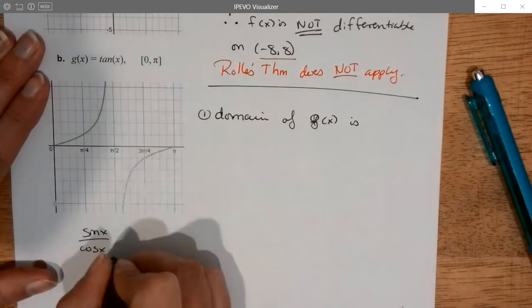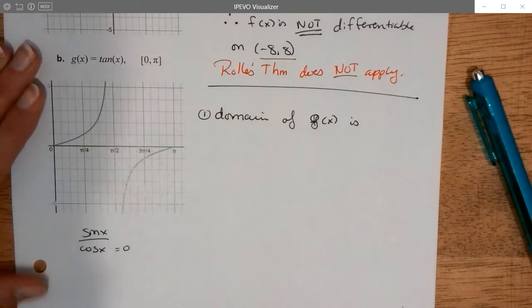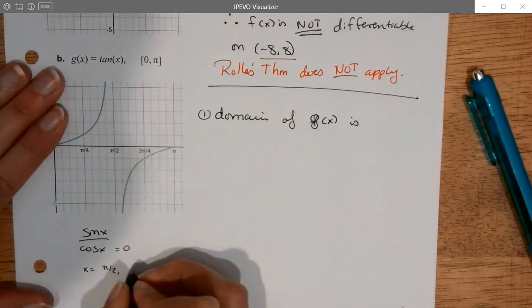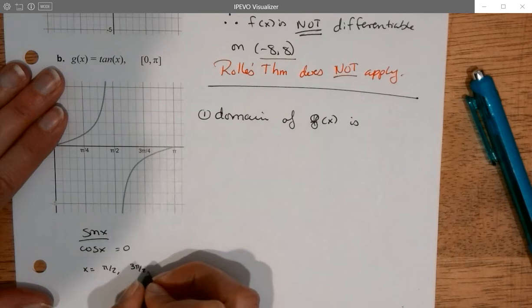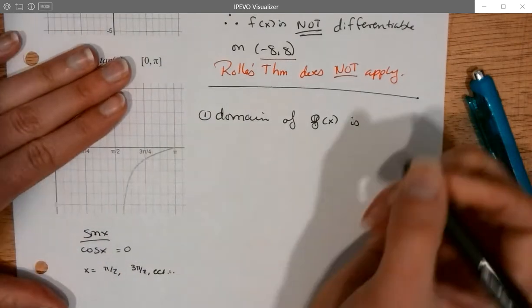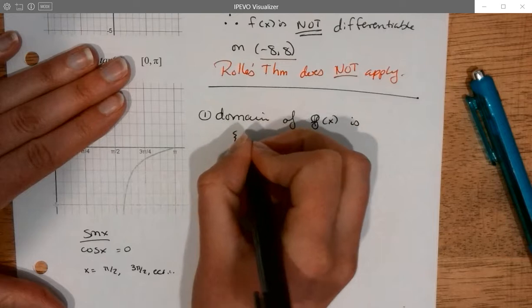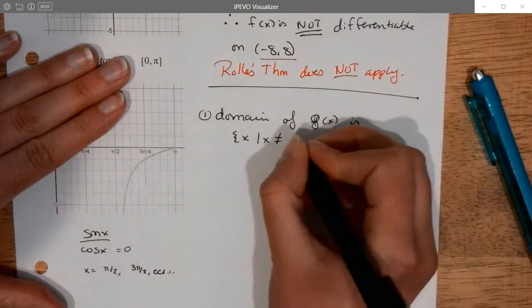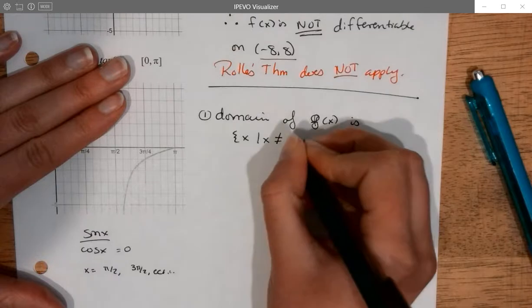And so if you let the denominator equal 0, cosine of x equals 0, you're going to get x equals pi halves, comma, 3 pi halves, comma, etc. So the domain of g of x is the set of all x such that x is not equal to odd multiples of pi halves, so (2k plus 1) pi halves.